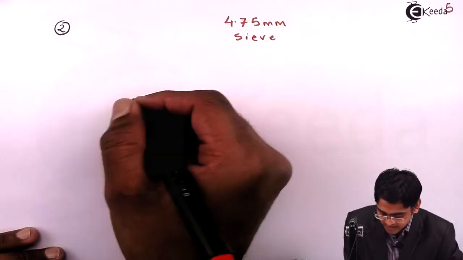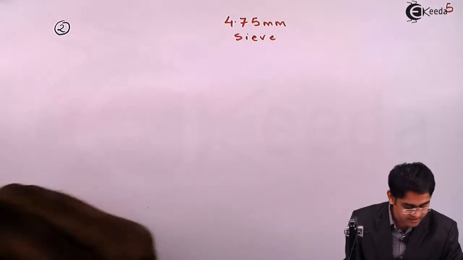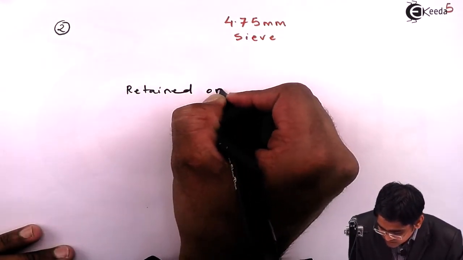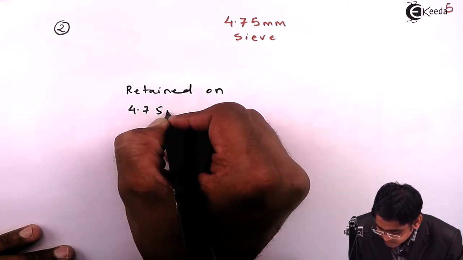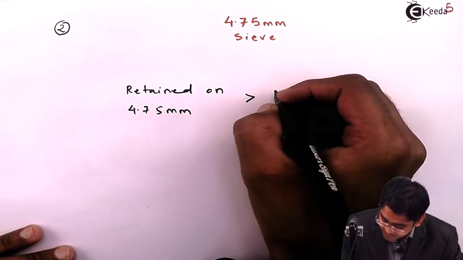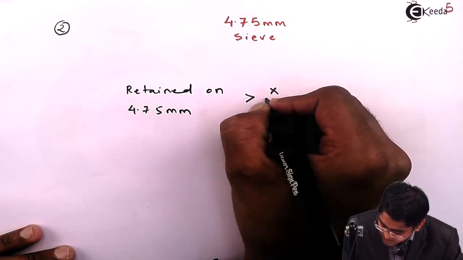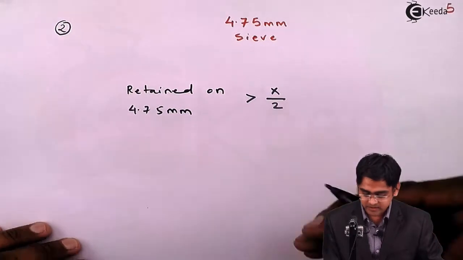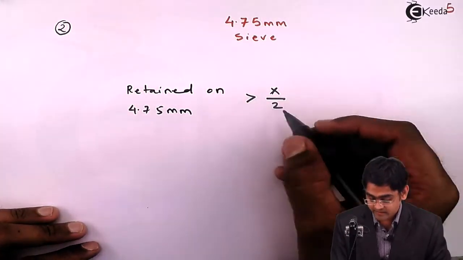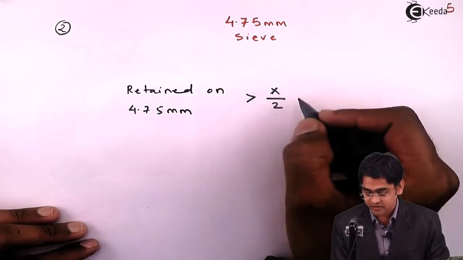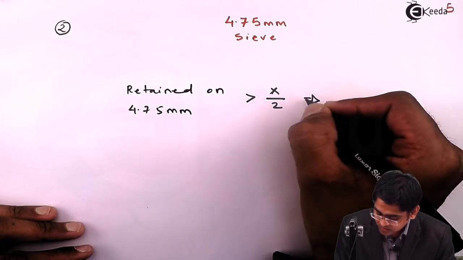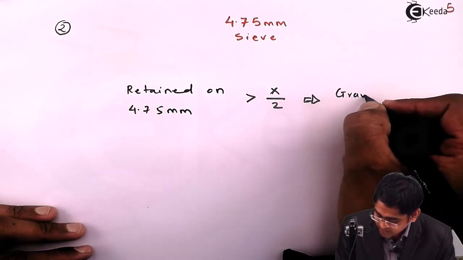If the material retained on 4.75 mm is greater than x by 2, that means the percentage retained on 4.75 mm is more than 50% of the soil, then we call this soil gravelly.